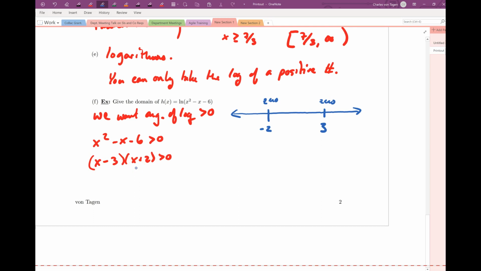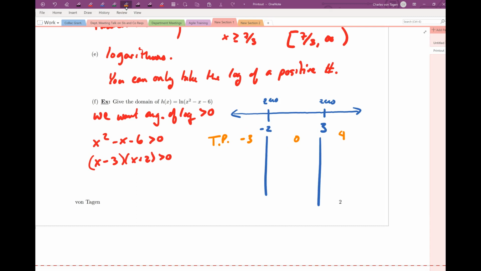Then what I'm going to do is take test points. I'm going to take a test point from each of the 3 regions. Notice by listing the 2 zeros here, I've created 3 regions on this number line. And I'm going to take a test point from each region. So let's take negative 3, let's take 0, and let's take 4. All I did was pick numbers that were within each of these intervals.